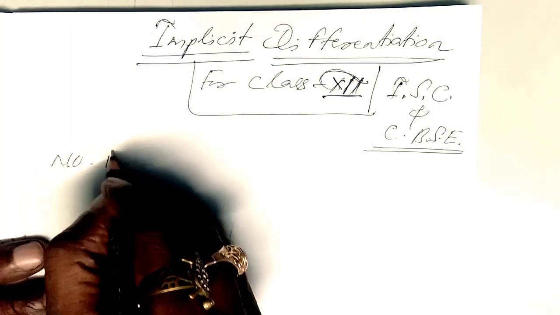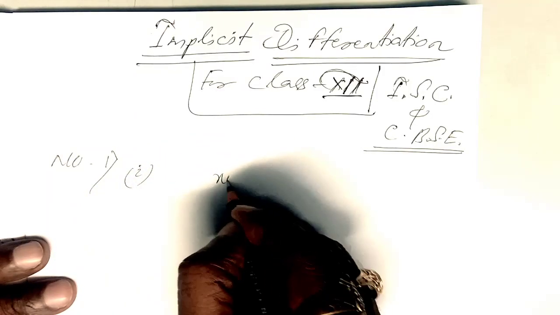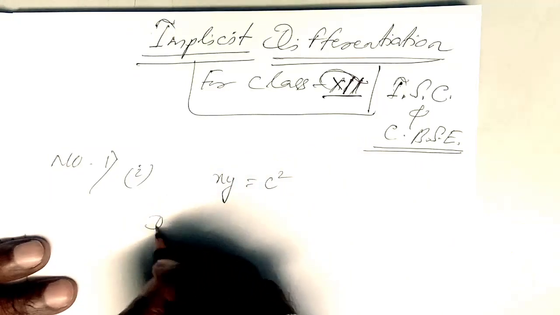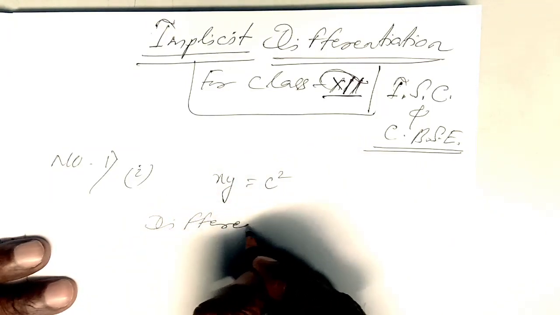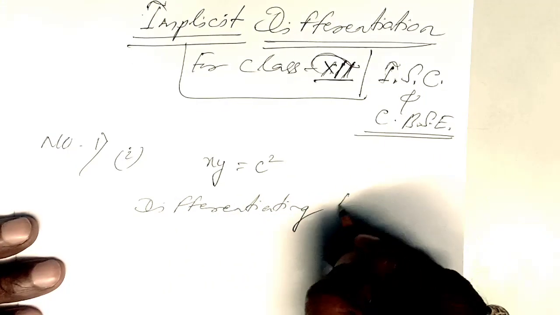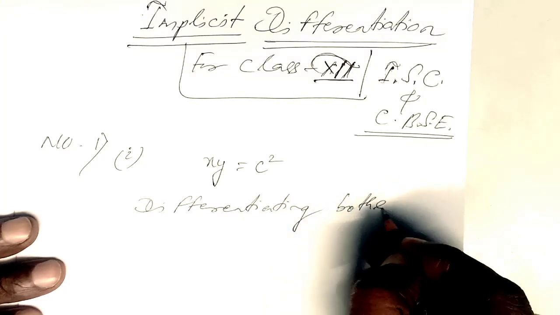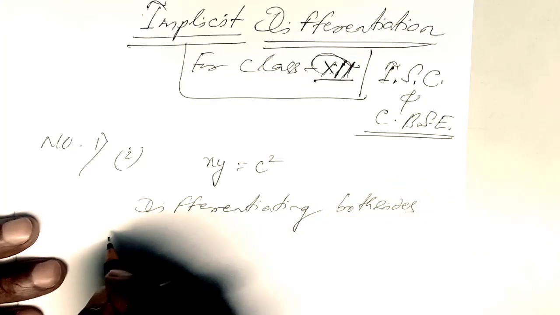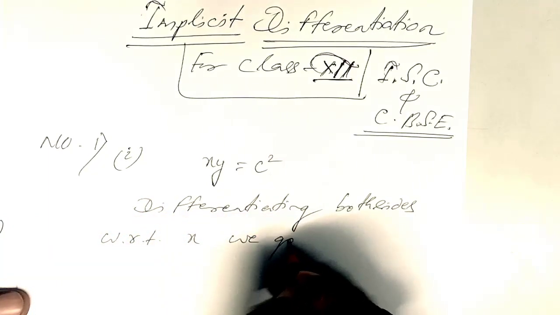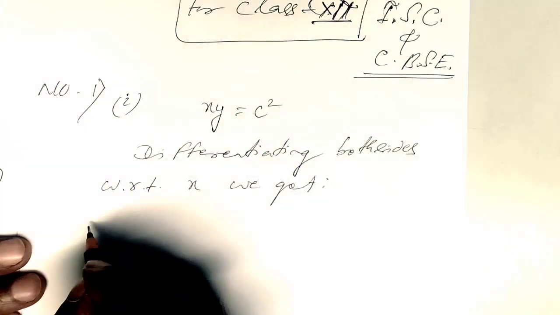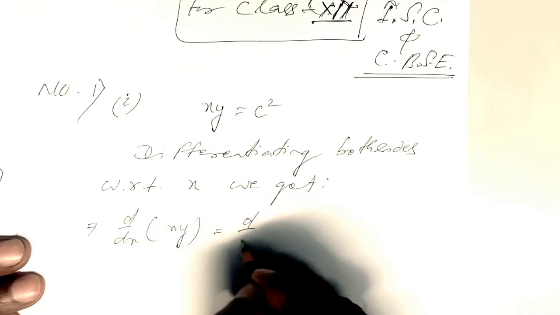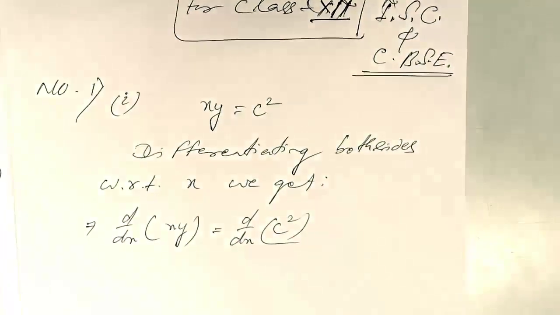Number 1, first part given xy is equal to c square, c is a constant. You have to write here, differentiating both sides with respect to x, we get d by dx of xy equals d by dx of c square.